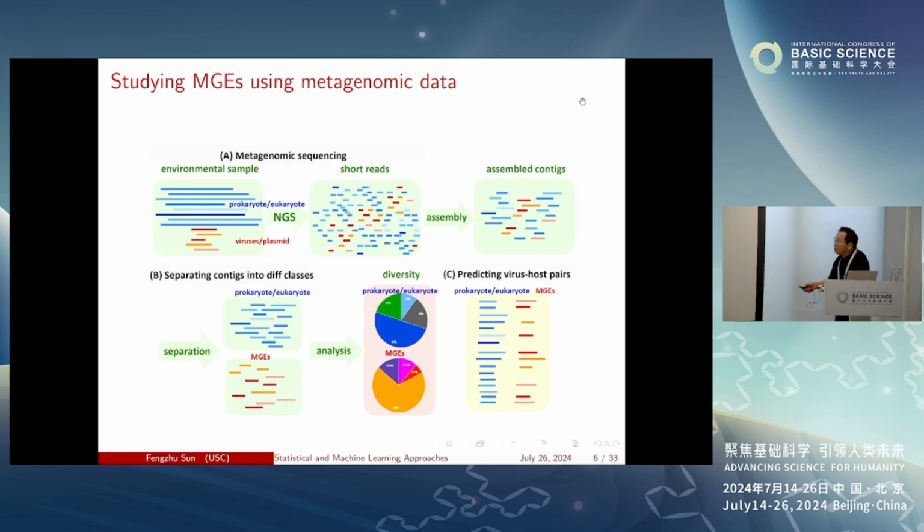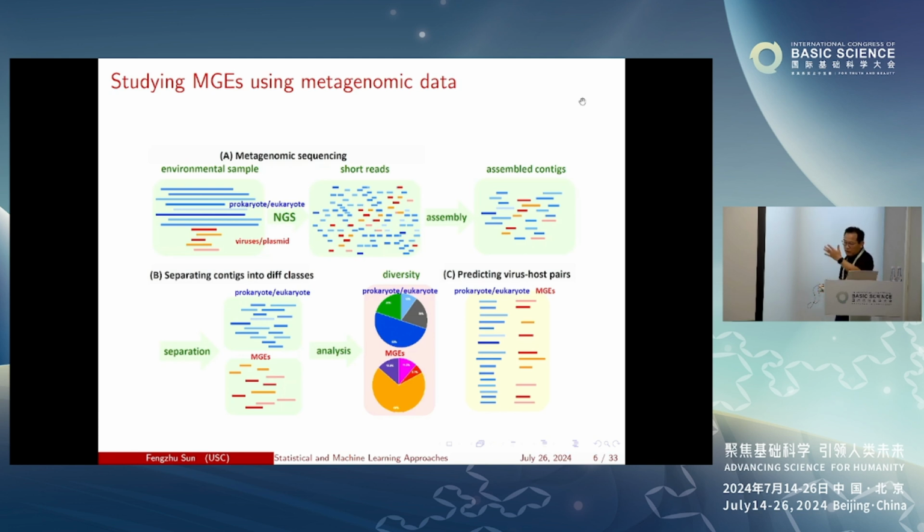And for those sequences, those viruses and plasmid, they are much shorter, and these colors indicate the different types of microbes. So those are unknown, and all we have is just a drop of water or just some soil, and then we get them, and we don't know what is there. So how do we say what is there? We do sequencing.